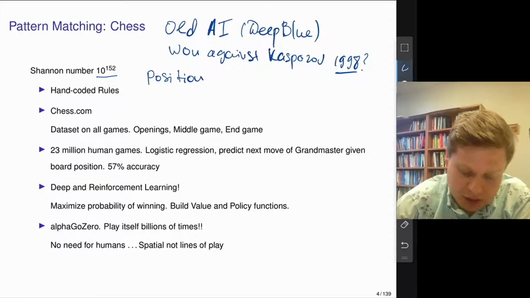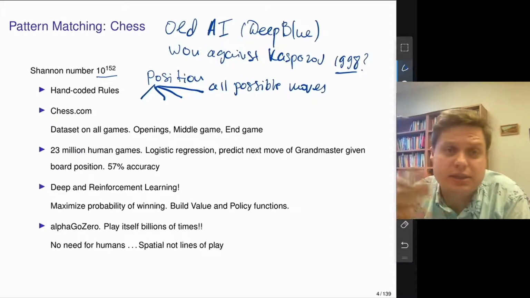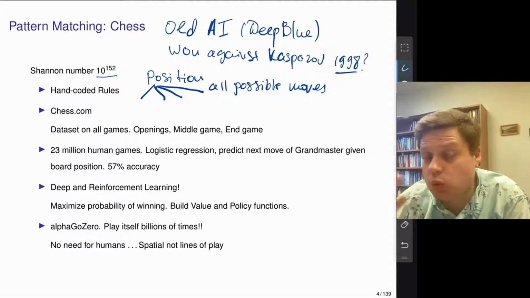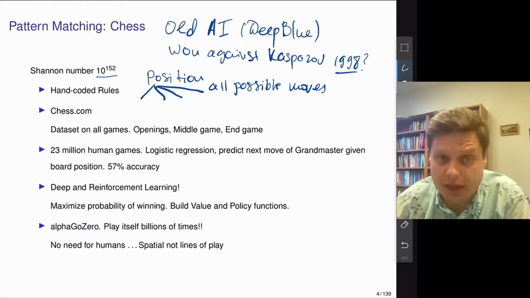And what the machine is trying to do, it tries to analyze all possible moves. And let's say a machine has 10 pieces, and each piece on average can have potentially 5 different moves. So you have 50 moves to be analyzed.